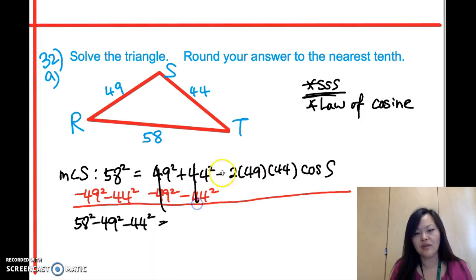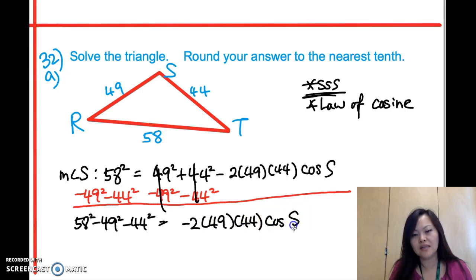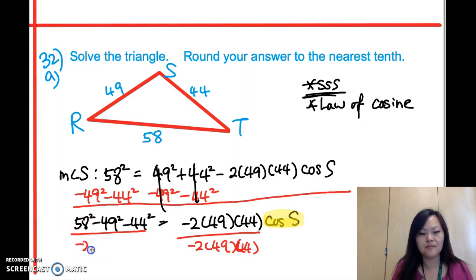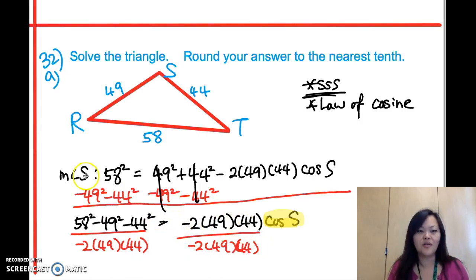But then these all went away, so I'm left with just negative 2 times 49 times 44 times cosine S. And then of course we want to get rid of all of this because we want to leave the cosine S by itself. So divide both sides by negative 2 times 49 times 44, okay? There you go. So all of this cancels out on this side. You're left with cosine S, okay?